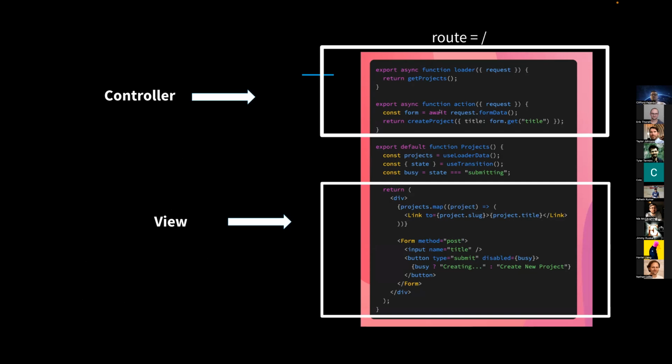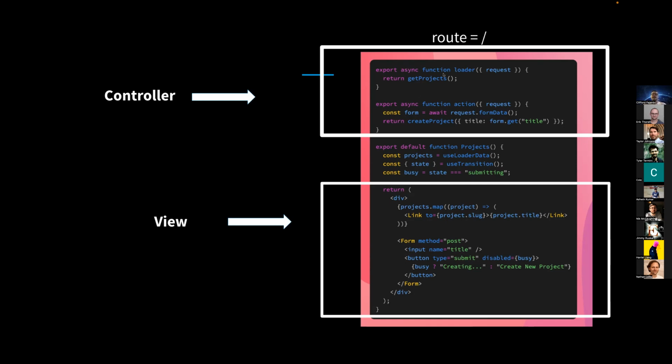The action also gets called on the server. And then at the bottom, you see something very familiar, just a component. That gets server-side rendered, but also becomes interactive once it gets loaded into the browser. The crazy thing is, it happens so seamlessly that there's no transition.